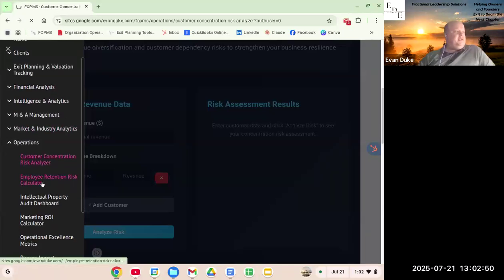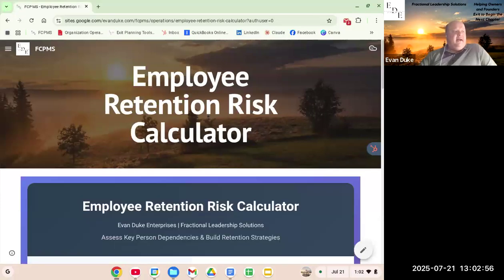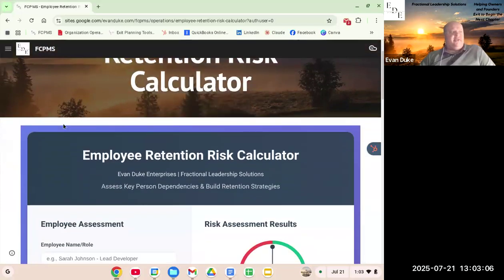The employee retention risk calculator is one that is definitely key for us, especially when it comes to getting a business ready, because we want to make sure that key people are identified and well compensated, so that should they exit for one reason or another, we're well prepared.